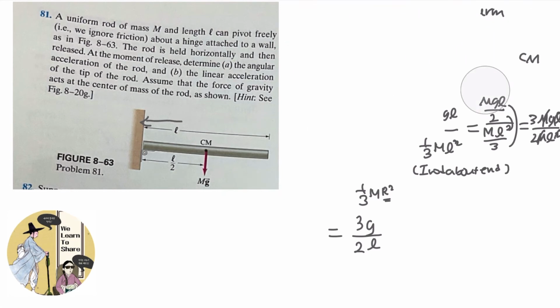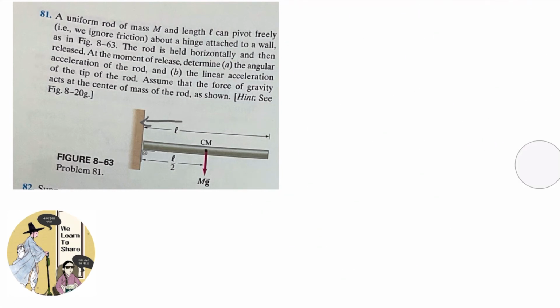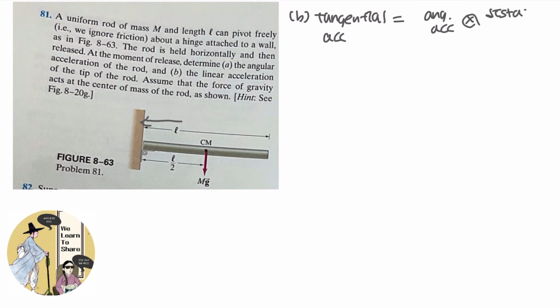Now for the second step, we're going to figure out the linear acceleration of the tip of the rod. Remember that at the end of the rod, there is a tangential acceleration equal to the angular acceleration times the distance from the hinge.